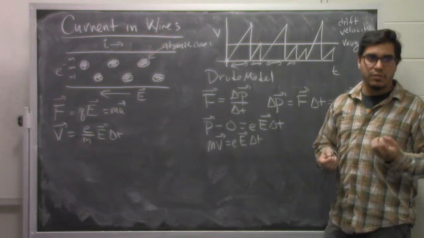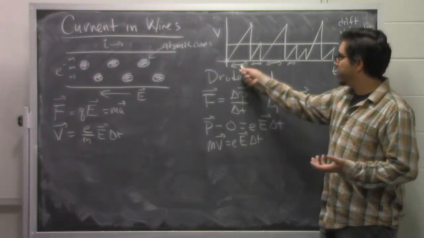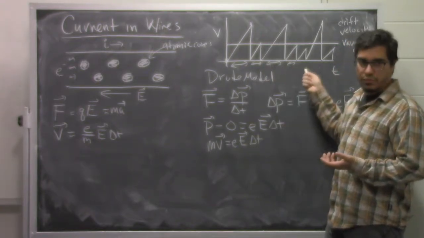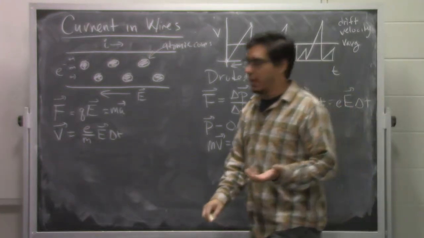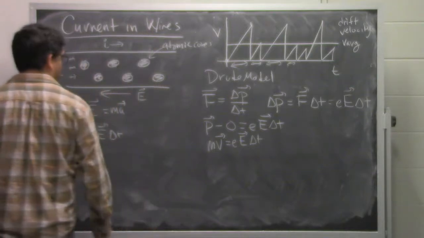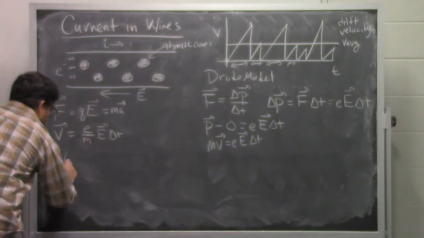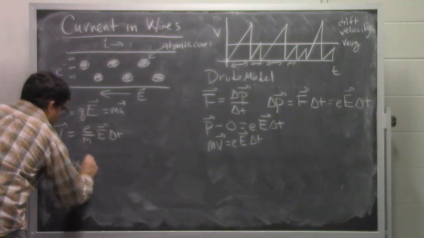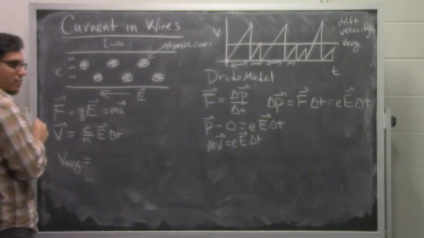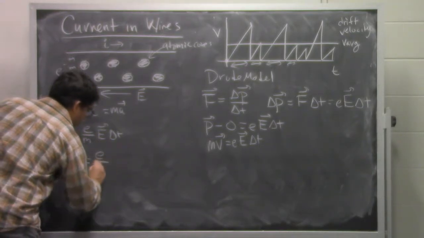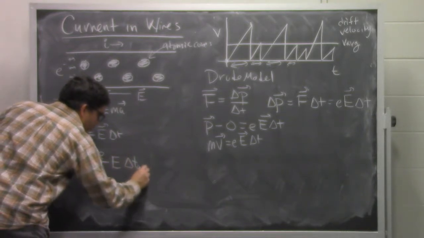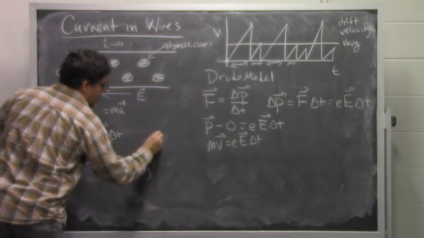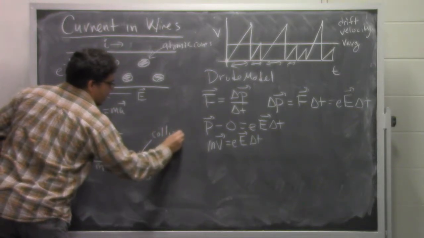So what we're going to say is that there's some average time between collisions, which essentially is the average of these intervals, and that average is directly related to the average velocity that those particles develop, right? So what we're making is a model assumption, which is that the average speed that is associated with these electrons is going to be related to some sort of average velocity, which you can think of as the average time between collisions.